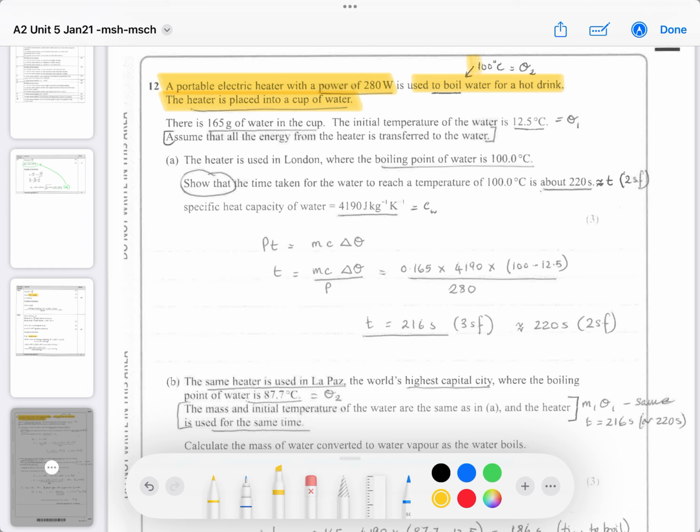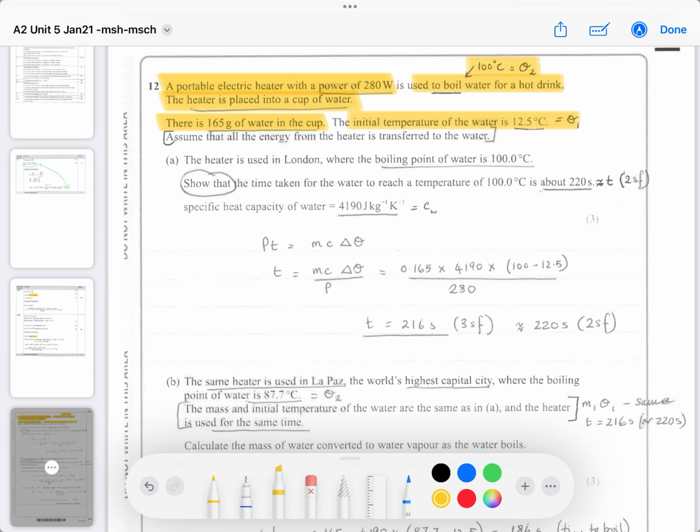So obviously if it's boiling, the final temperature will be 100 degrees centigrade if we're at sea level. There's 165 grams of water in the cup, so it's quite a big cup. A glass of water is normally 150 ml, a normal glass. The initial temperature of water is 12.5 degrees centigrade. So remember, you need the difference in temperature for heat capacity.